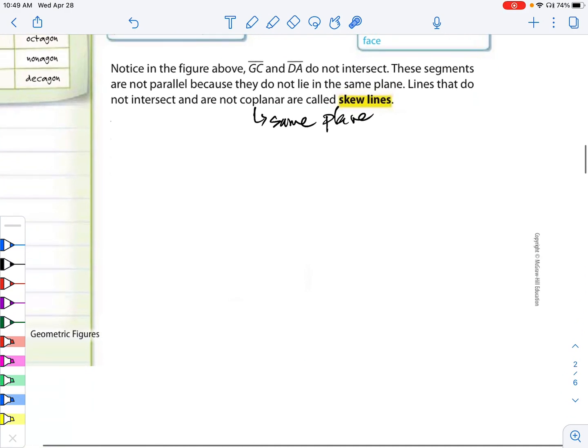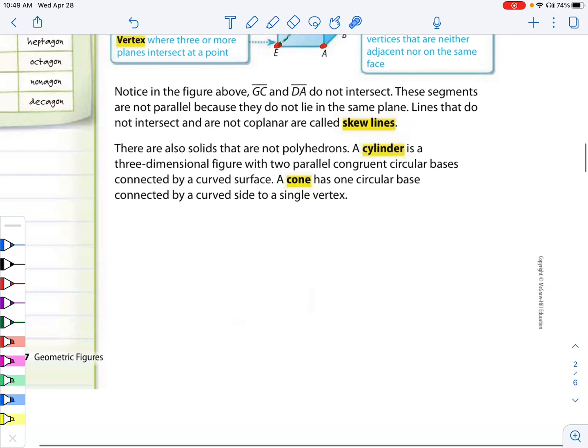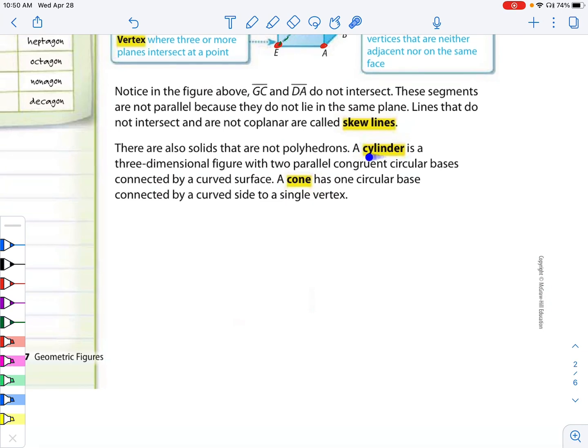Okay. Let's talk about more terms, and let's talk about what a cylinder is. There are also solids that are not polyhedrons. Remember, a polyhedron will have flat surfaces. A cylinder is one of them.